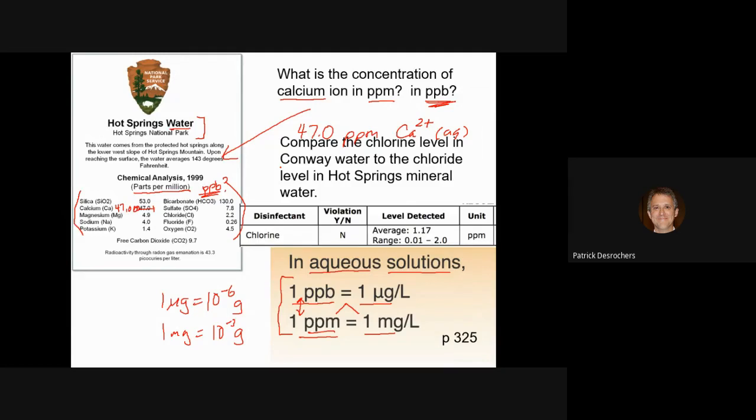I want to compare the chlorine level in Conway water, which is written as a range, so let's take the average and say this is our number, to hot springs mineral water.